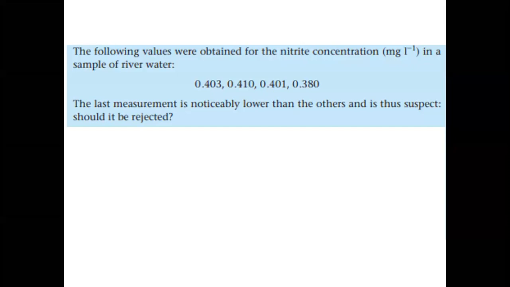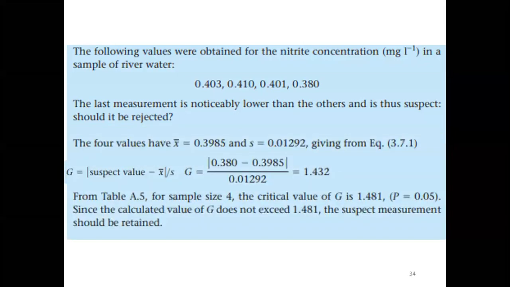When you calculate them, you have to take all 4 measurements, including 0.38. The 4 values have a mean of 0.3985, and the standard deviation is this. Then we can substitute this mean and standard deviation into the G equation to calculate the G statistic.